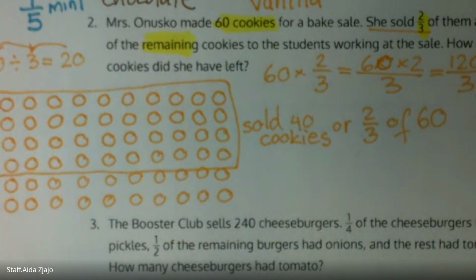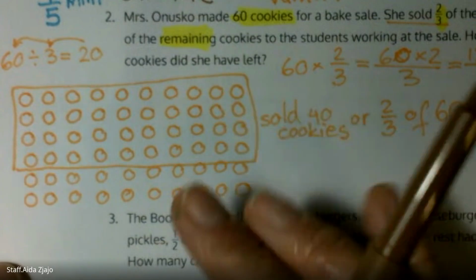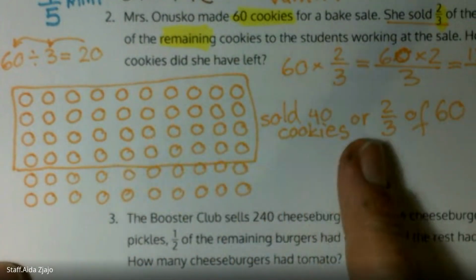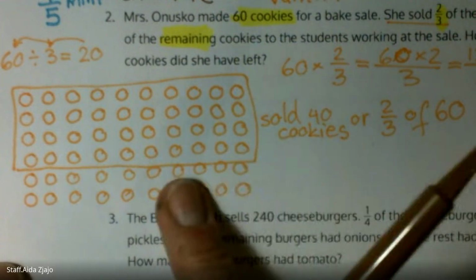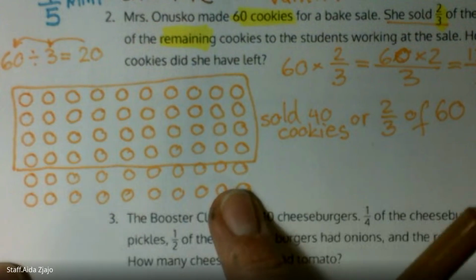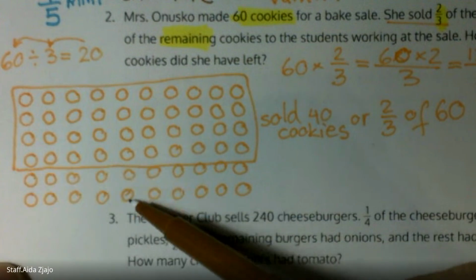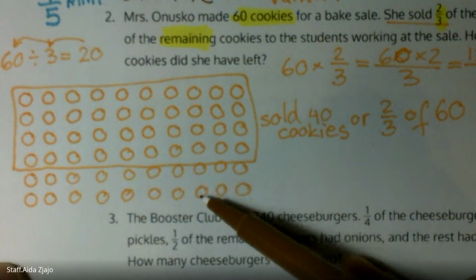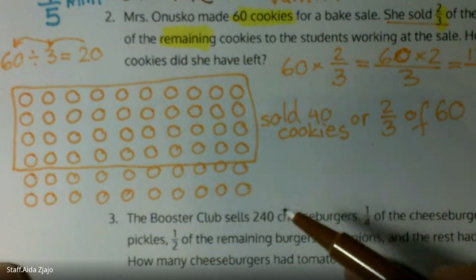What you really need to figure out is how many cookies are left over. If 40 were sold, then 20 should be the leftover: 1, 2, 3, 4, 5, 6, 7, 8, 9, 10, 11, 12, 13, 14, 15, 16, 17, 18, 19, 20. So 20 is left.